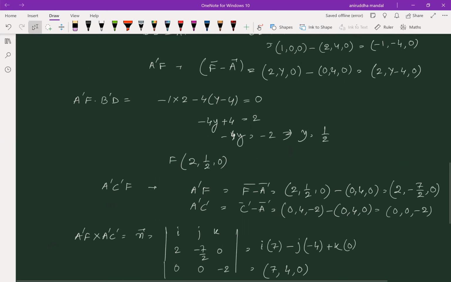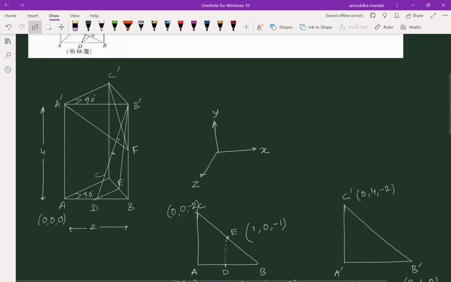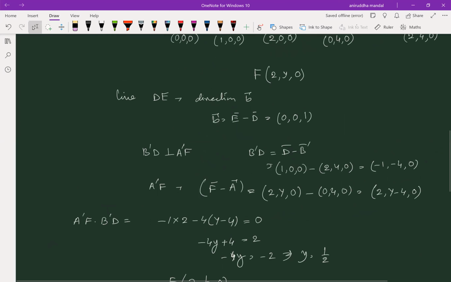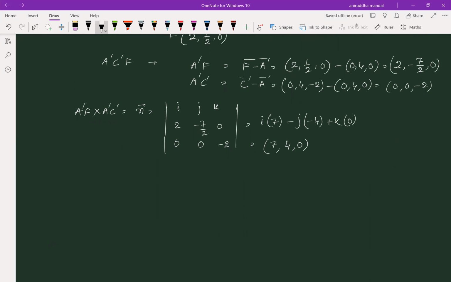Now we have to establish the relation that line DE is parallel to the surface A1C1F. So to prove DE is parallel to A dash C dash F, the dot product of their normal vector and the direction vector must be 0.